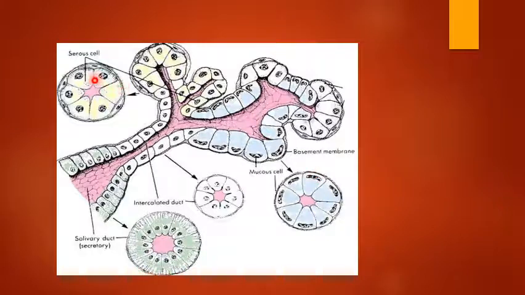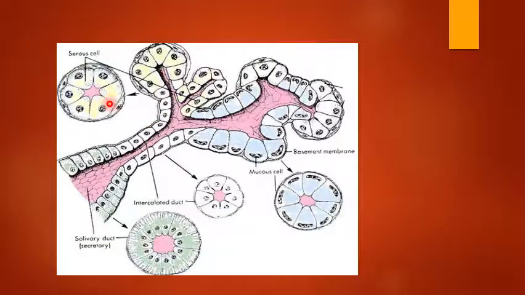The serous cells produce watery secretion, and it has a high protein to carbohydrate ratio, whereas mucous cells secrete a secretion in which the protein ratio is lower and the carbohydrate is higher, while in serous cells the protein ratio is higher than the carbohydrate, right?